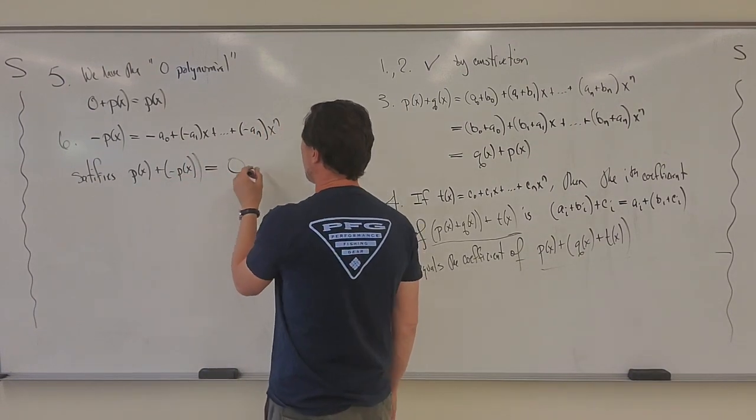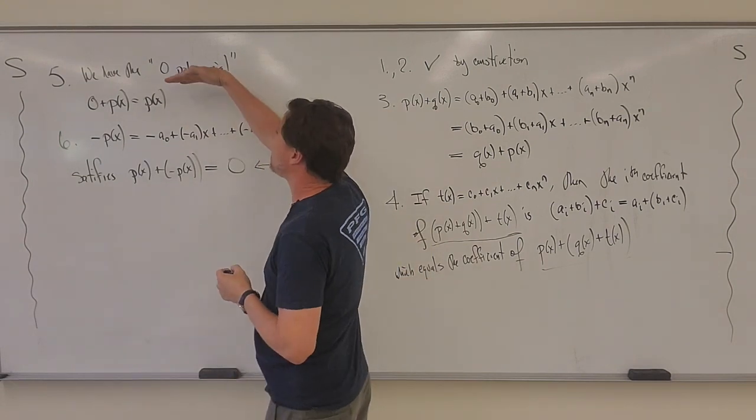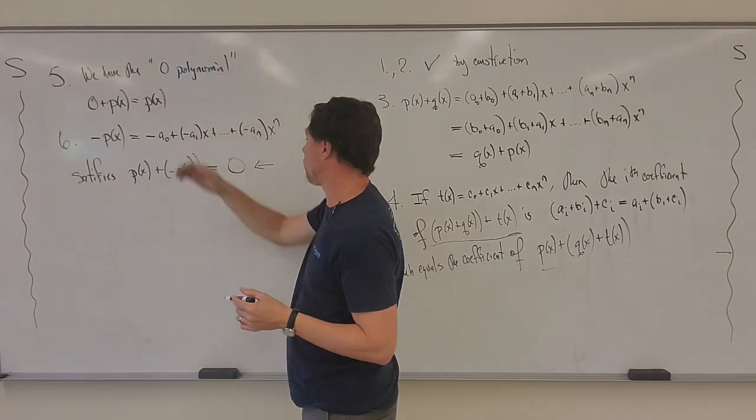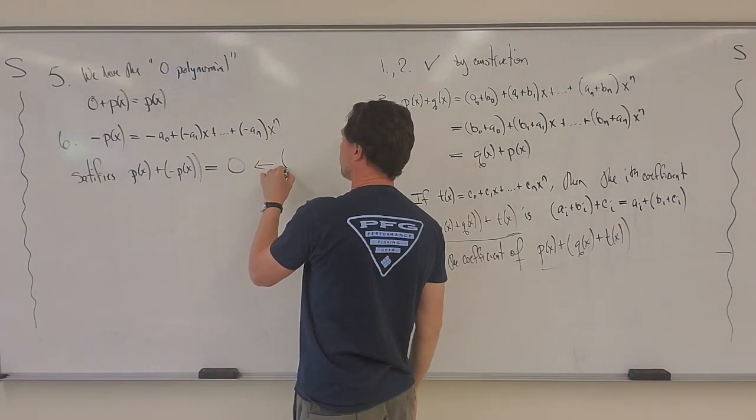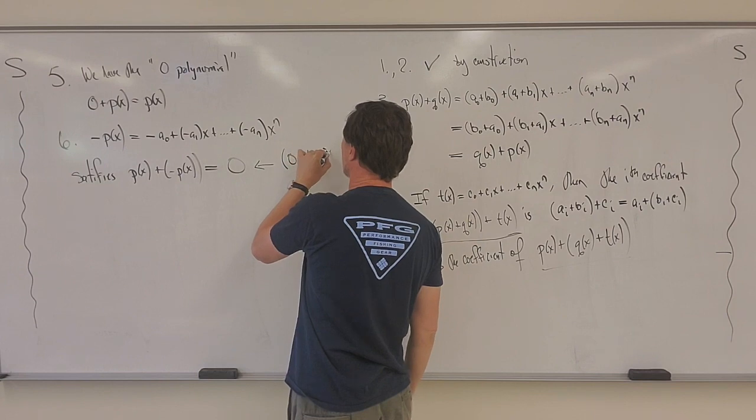And I'm just going to emphasize that it's always got to be the 0 vector. In this case, the 0 vector is the 0 polynomial.